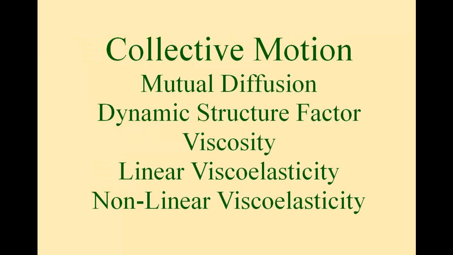Chapters 11, 12, 13, and 14 treat experiments in which the collective motion of polymer chains is important. By mutual diffusion, we mean the diffusion of material down a concentration gradient. As studied by dynamic light scattering, one obtains the dynamic structure factor, which tells how pairs of molecules move relative to each other in solution.